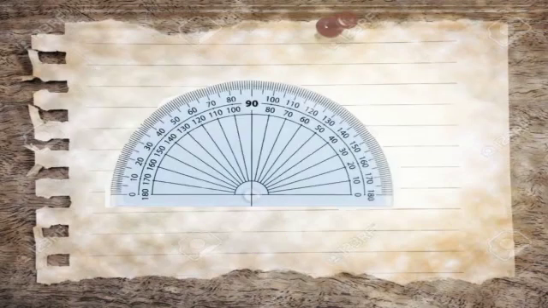Okay, before explaining how to measure the angle, let's quickly see what is meant by protractor. As you can see here, this is a protractor. If you observe this protractor, 0 is indicated on both sides, that is left hand side and right hand side also. Why this? It depends on the position of the ray, whether it is on the right side or on the left side.